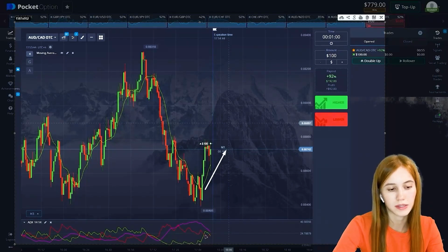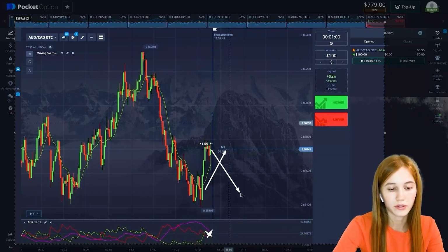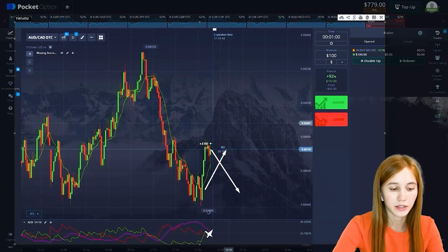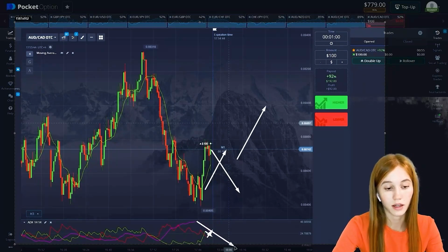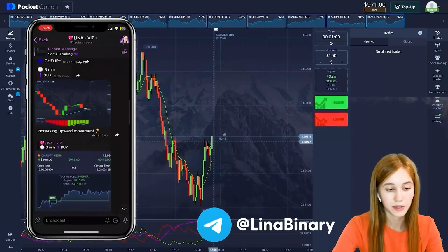By ADX, we see the green is moving down, red is moving up, and that indicates a change in trend. But I'll still rely on technical analysis. There will be growth now. According to ADX, we see that the intensity is in decline.